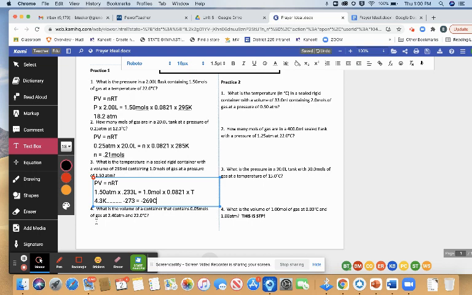Okay, lastly, what's the volume of a container that contains 0.05 moles of gas at 2.4 atm and 22 degrees Celsius? I have n1, I have P1, I have T1. I guess we're doing PV = nRT again. Okay, so my pressure is 2.40 atm.